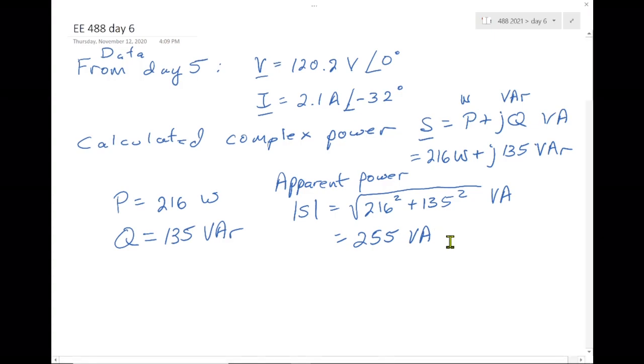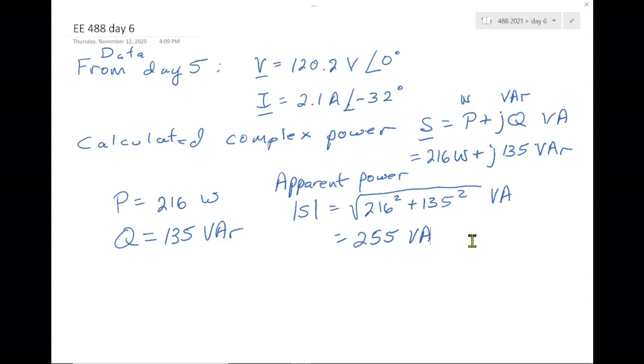So, instead of using reactive power, because reactive power varies for this drill press, the reactive power it's consuming at no load is 135 VARs. For a large drill press in an industrial setting, the reactive power and the real power would be significantly higher because they're larger devices that can do more work than the one I have here.